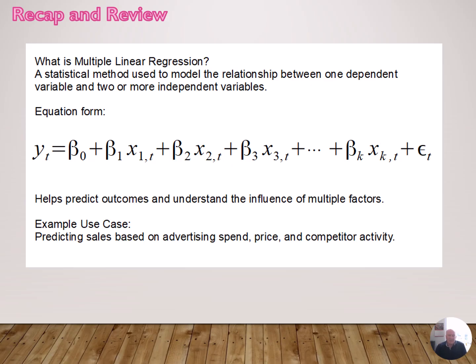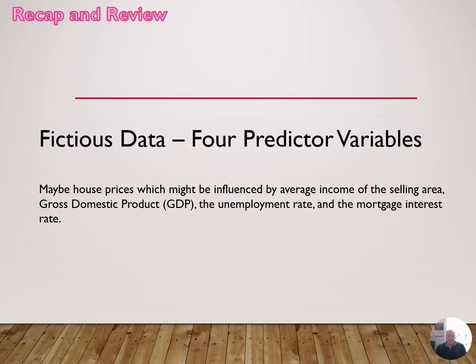It helps us predict outcomes and understand the influence of multiple factors. For example, you might be predicting your sales based on advertising spending, price, and competitor activity. And you would have time series for each one of these, and you would use these time series to help predict your target variable.